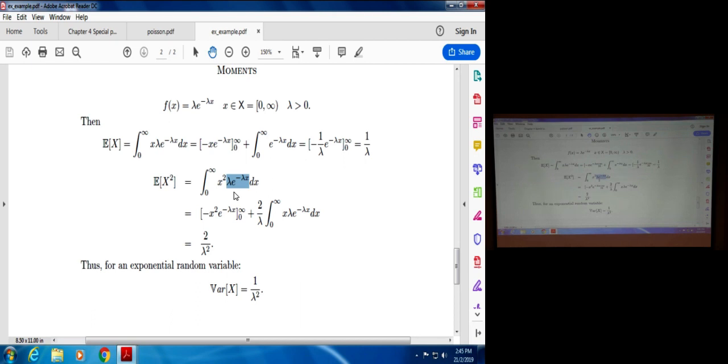So my integration by parts formula is u, x squared, times the integral of this, which is minus e to the minus lambda x, between 0 and infinity, minus the integral between 0 and infinity of the derivative of u, which is 2x, times the integral of this, which is minus e to the minus lambda x.